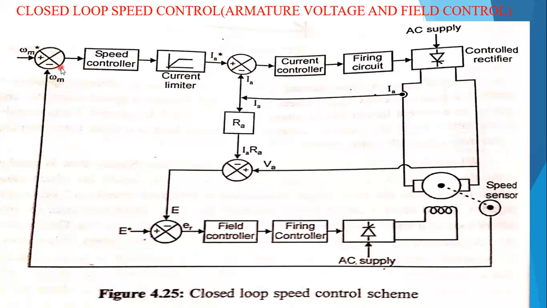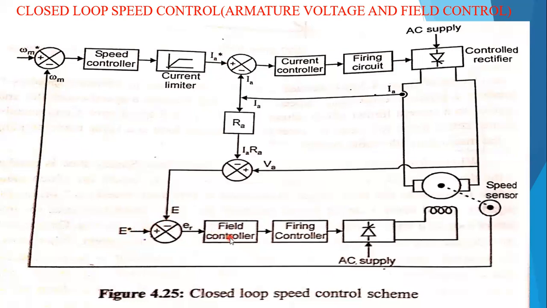Understood this concept? First, the field current of this DC motor is set to the maximum value. How? By maintaining a large difference between the reference and the actual back EMF, which is positive.